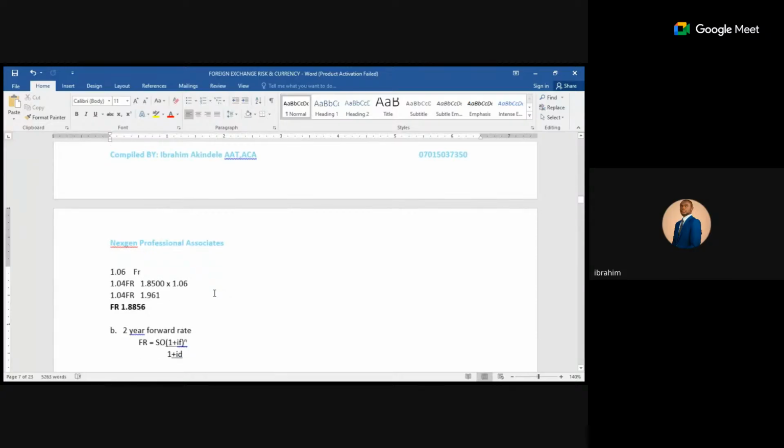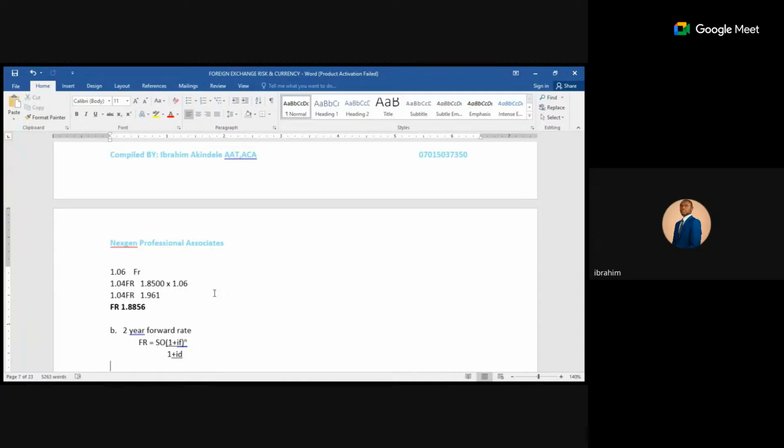For instance, you have a project for 3 years. The first one will be for year 1. This will be for year 2. You can even use this for your year 1, raise it to power of 2, it becomes your year 2. Raise it to power of 3, it becomes year 3. Raise it to power of 4, it becomes year 4.